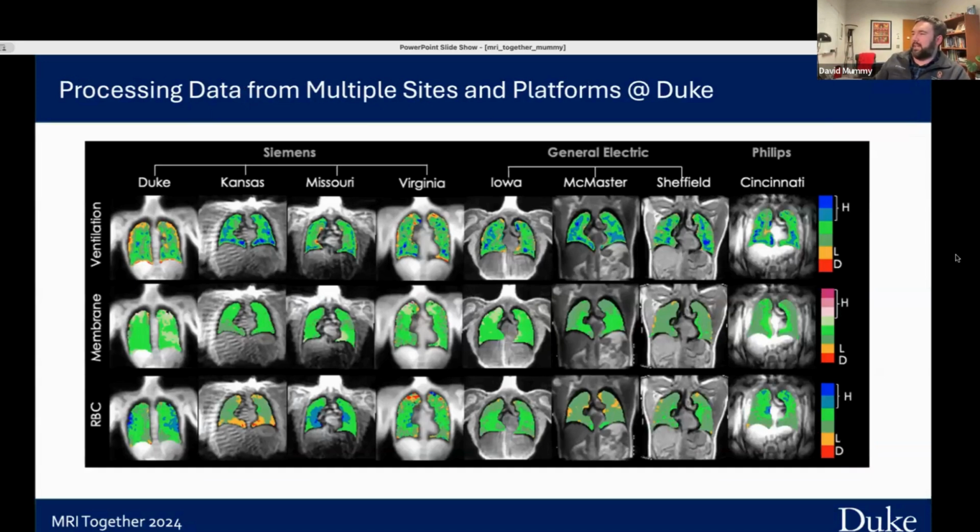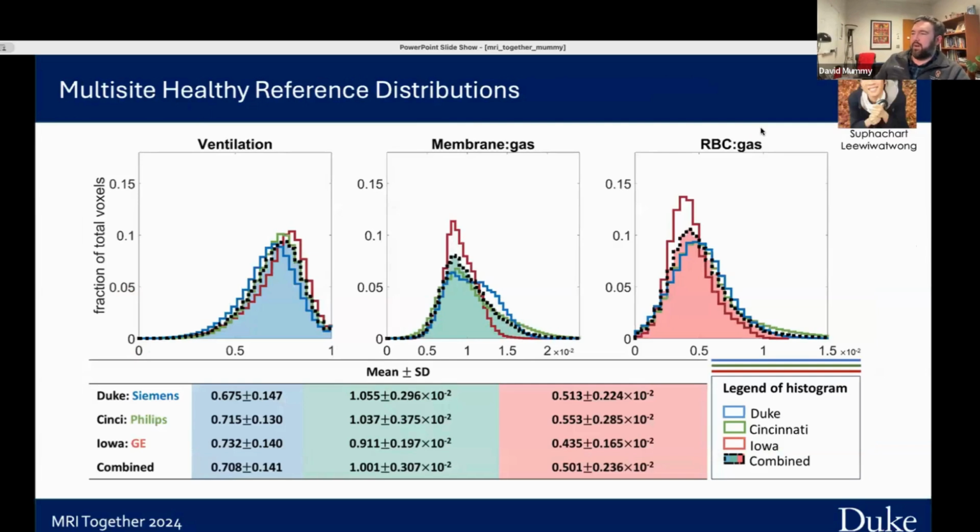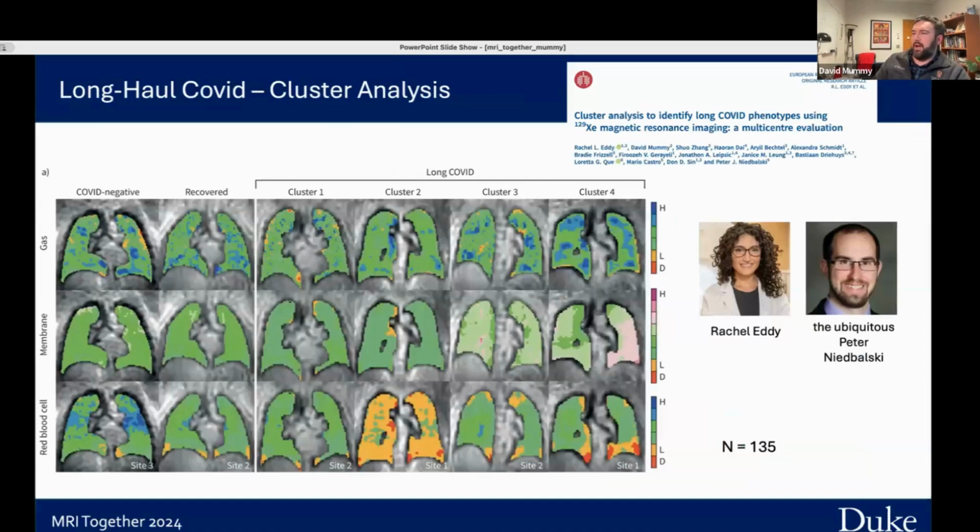Going back, I didn't really explain this because of time, but these bins are all based on a known healthy reference cohort of young, healthy, disease-free subjects. So he's working to gather the data from across all three sites and platforms and put them together and show that we can make a usable reference that way, so we're not weighted towards one site.